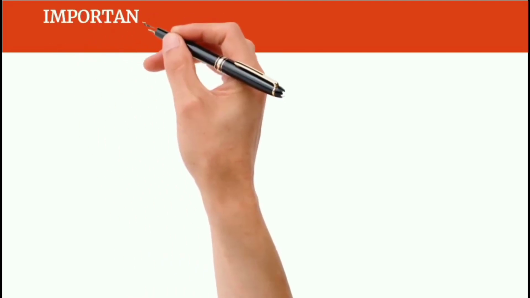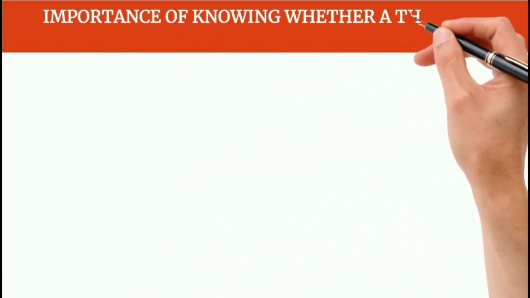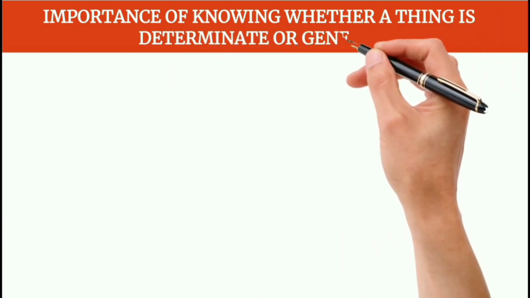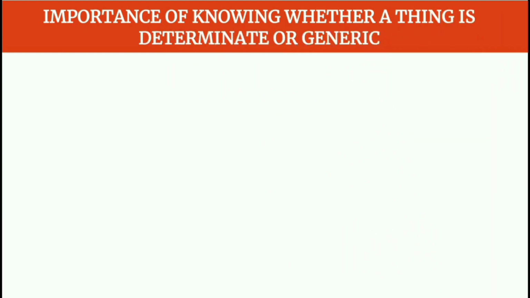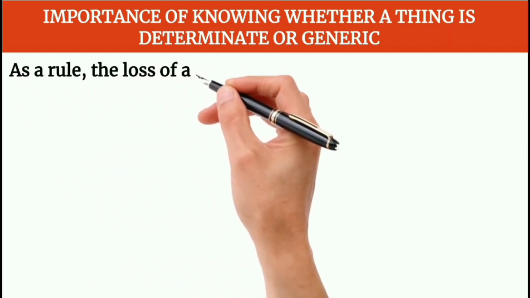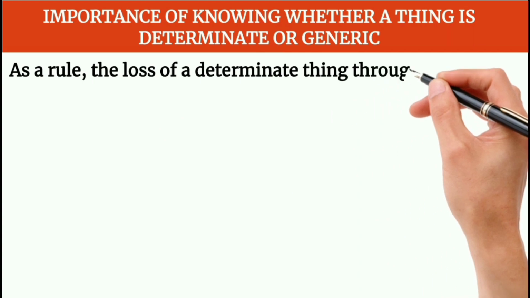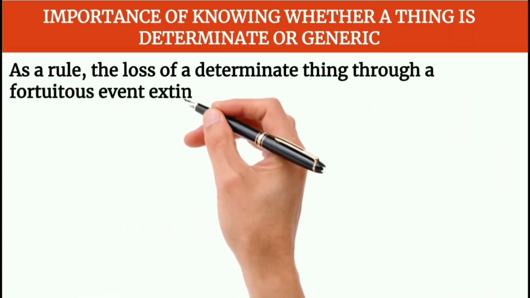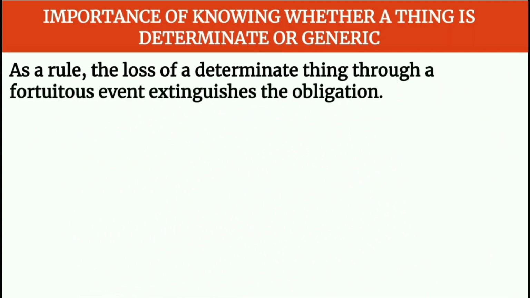Let us now proceed to the importance of knowing whether a thing is determinate or generic. Bakit pa natin kailangang alamin kung ang thing ay generic or determinate? Bakit pa natin kailangang i-classify yung thing whether it is a determinate thing or generic thing? As a rule, the loss of a determinate thing through a fortuitous event extinguishes the obligation.